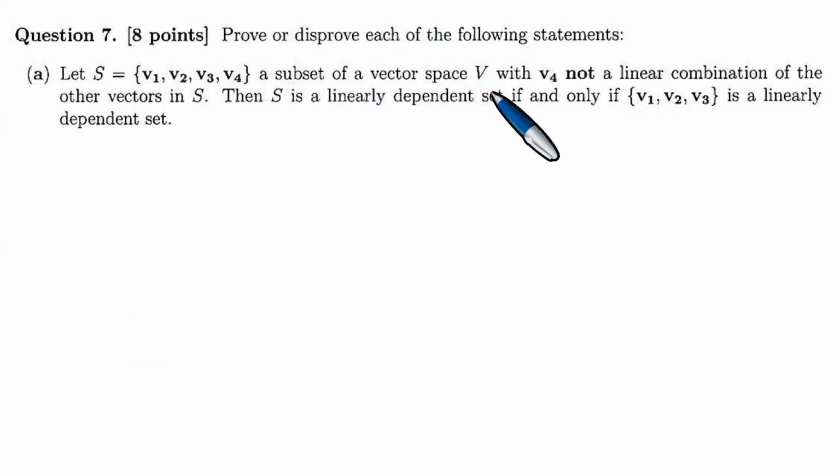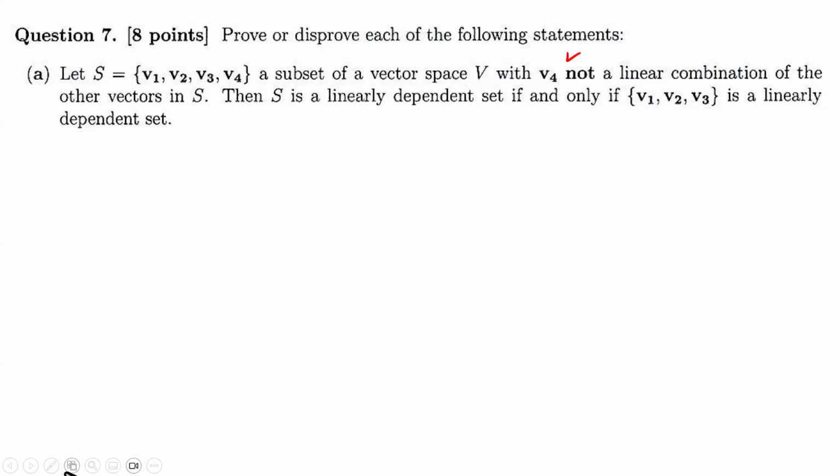A subset of a vector space with 4 vectors, with V4 not a linear combination of the other vectors in S. Then S is a linearly independent set if and only if V1, V2, V3 is a linearly independent set.